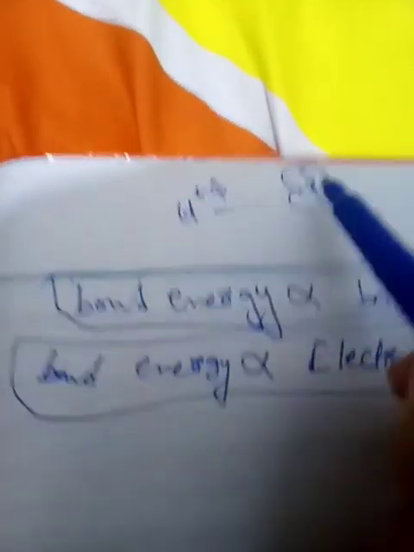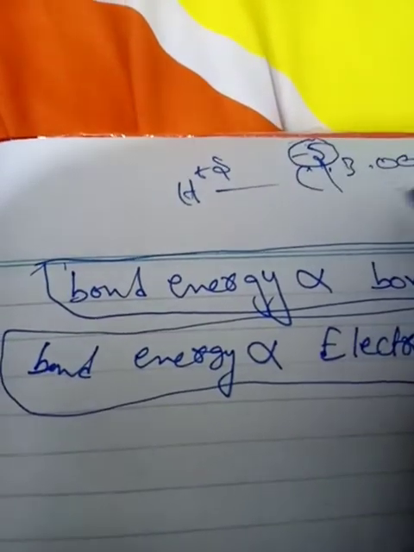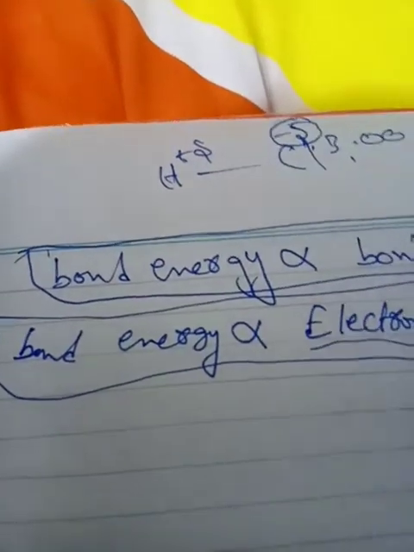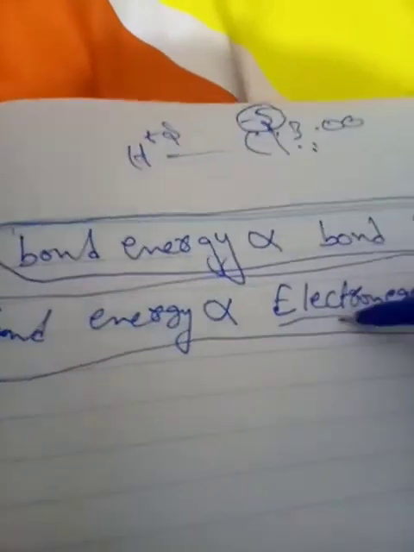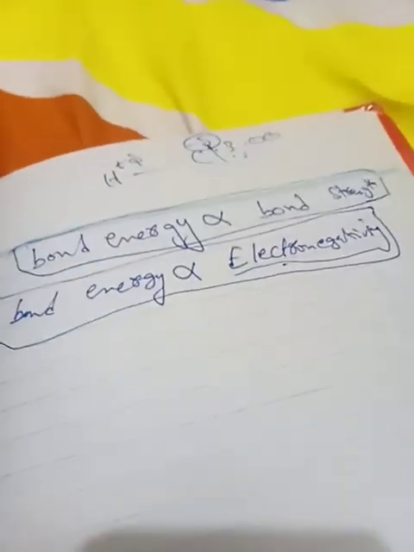Chlorine is trying to snatch the electron because of electronegativity, which is the power to attract the shared pair of electrons.